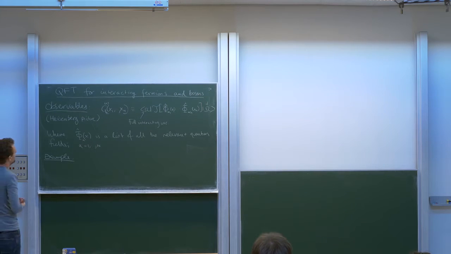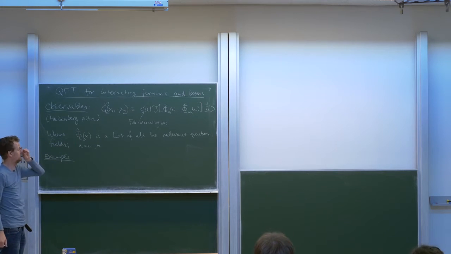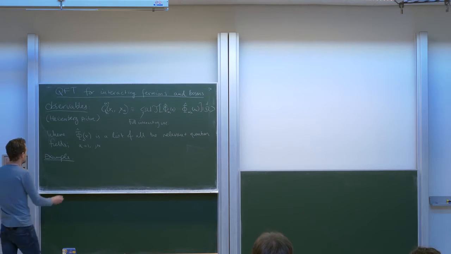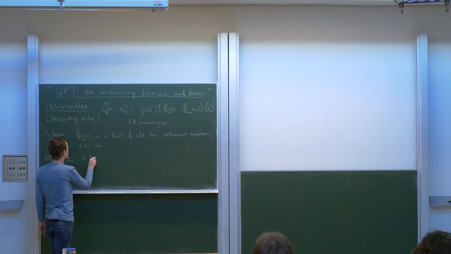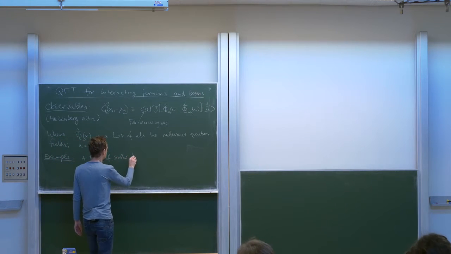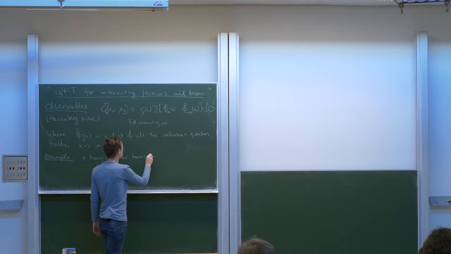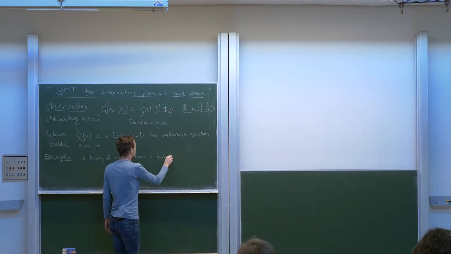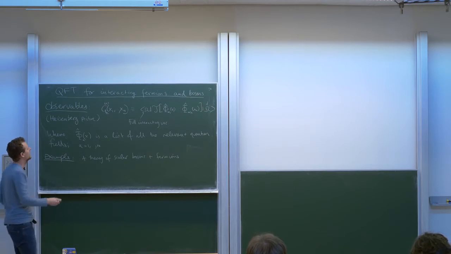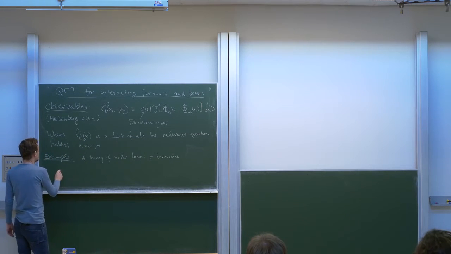And now that we understand quantum fields beyond that of the single scalar boson, we actually understand fermions as well. This phi hat alpha is meant to be the list of all the fields that are relevant to your quantum field theory. So for example, a theory of scalar bosons and fermions, this phi hat alpha would be something like this.